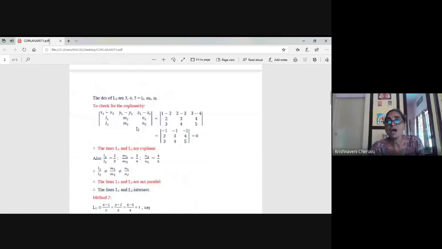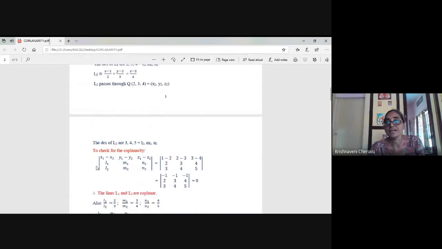Okay, so now I'm going to check for the coplanarity. Here the formula is this, as I discussed in the beginning. So x1 minus x2, y1 minus y2, z1 minus z2, and then you have here the elements L1, M1, N1, L2, M2, N2. You know the expansion of the determinant. You expand this and this value will become 0.